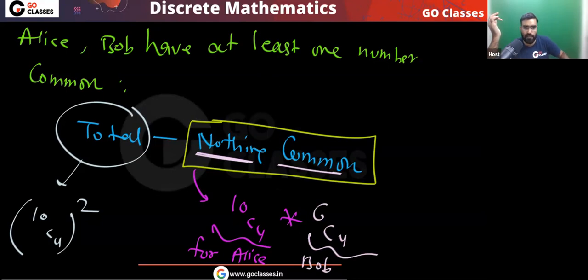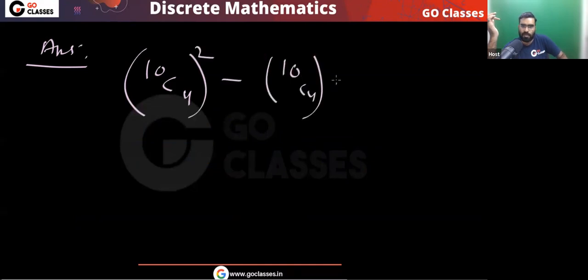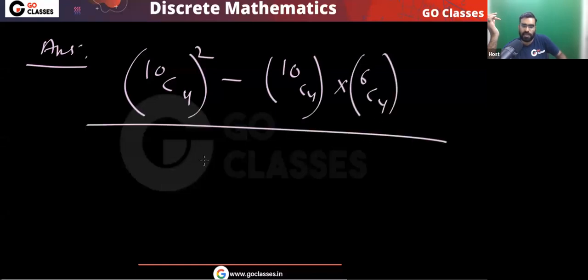So your answer will be what? Tell me, what will your final answer be? That will be 10C4 power 2 minus 10C4 multiplied by 6C4, divided by 10C4 power 2.